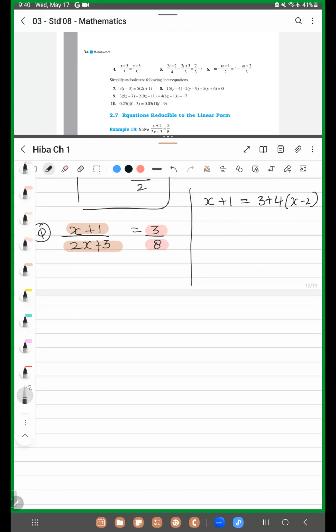Because 3 plus 4 is 7. No no no बच्चे, again you are making a mistake here. 3 अलग है and 4 times x minus 2 अलग टर्म है। They are two different terms.